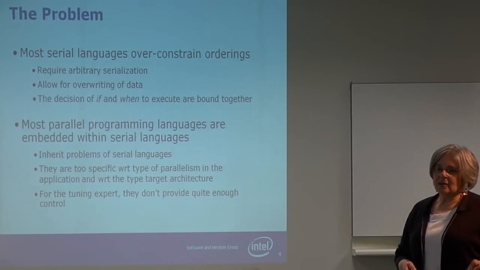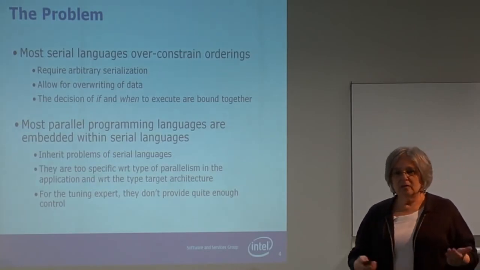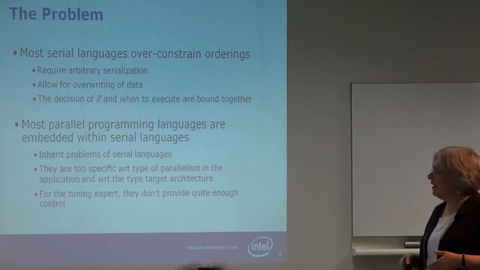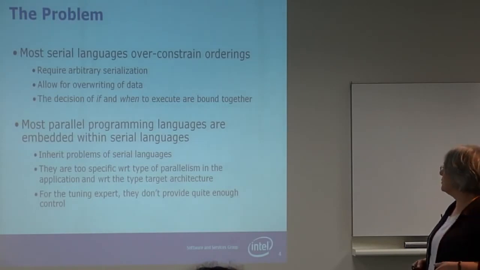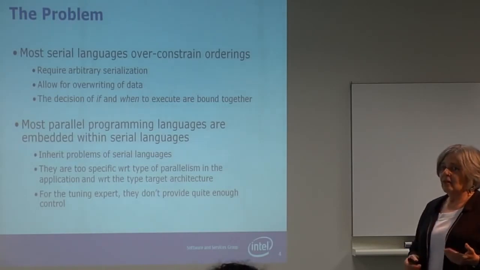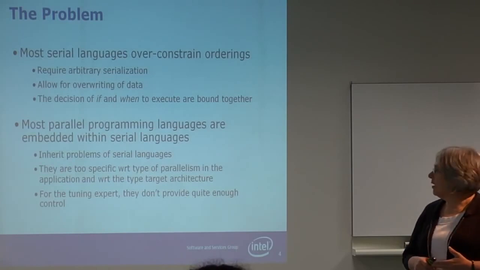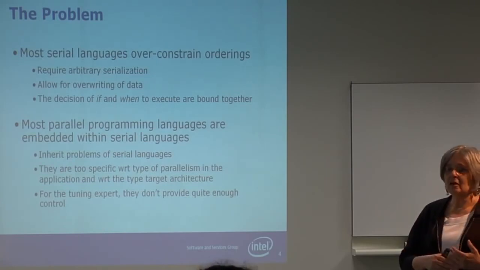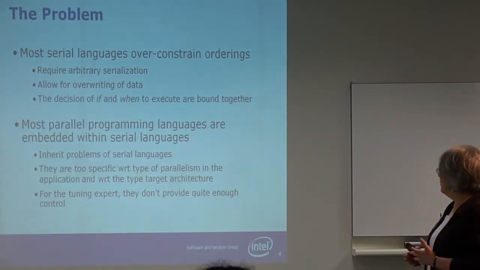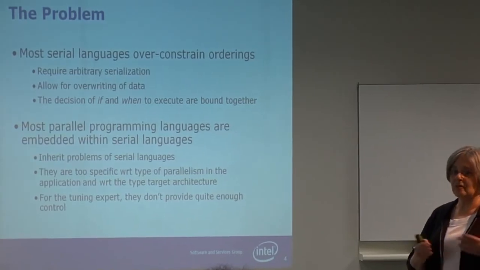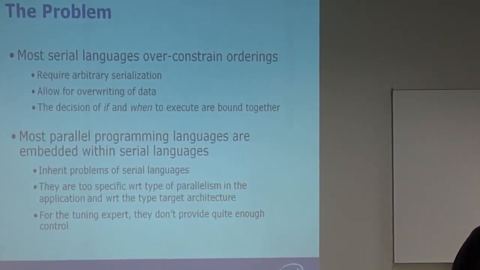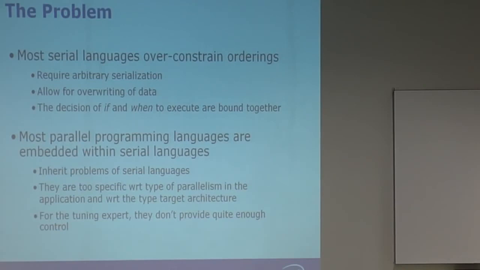So most parallel languages are embedded within these serial languages, so they inherit all the problems of the serial languages. And in addition, they are also over-constrained in a couple of ways. One is that they're too specific with respect to the type of parallelism. Maybe data parallelism is what they do, or fork-join parallelism is what they do. And they might be specific with respect to the type of target. Maybe it's designed for distributed memory or only shared memory or something like that.